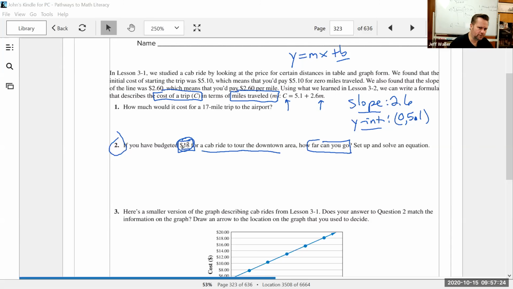Where would I put it in the equation? What variable does it go in for? It's obviously not a number of miles traveled. It's C, money. So this is going to go in for C. So I can rewrite the equation, and in place of C, I can put 18.